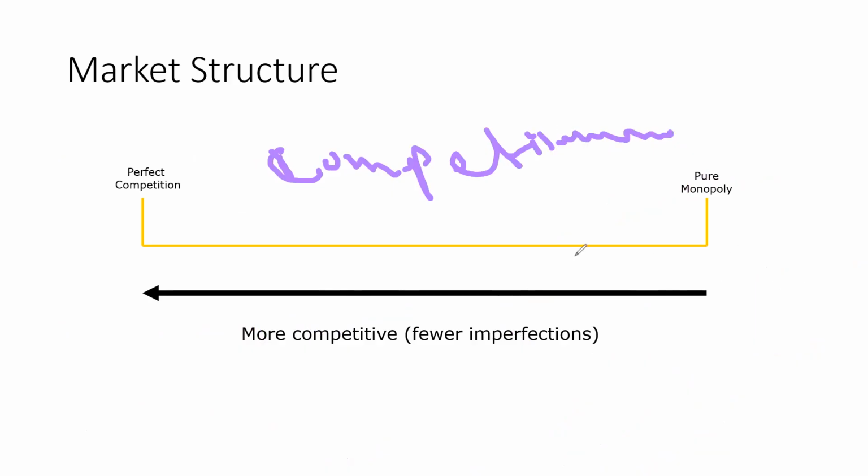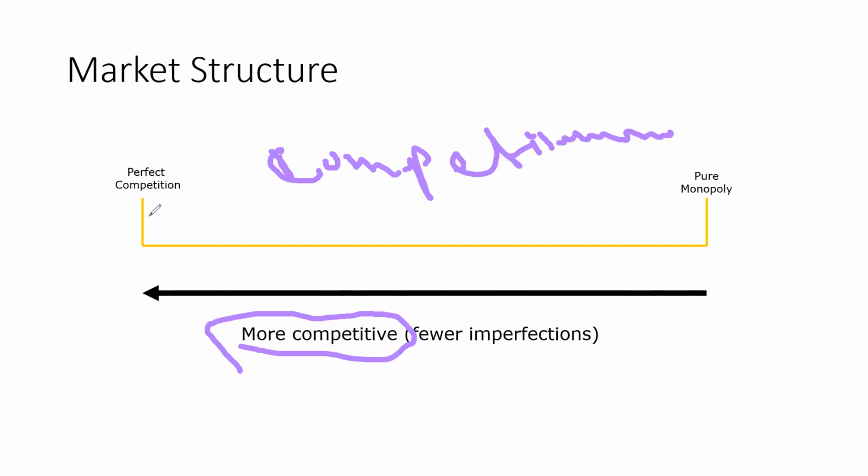If we consider the continuum of competitiveness, the continuum means that we can identify 2 extreme ends and a different range in between, and within this range any market can be located, right? If we consider competition from left to right, here is the more competitive market, where there may be a very large number of sellers and buyers.